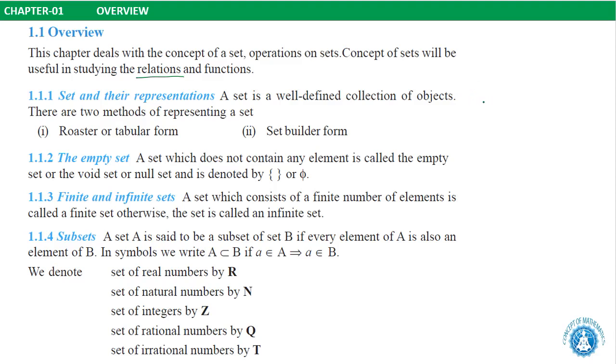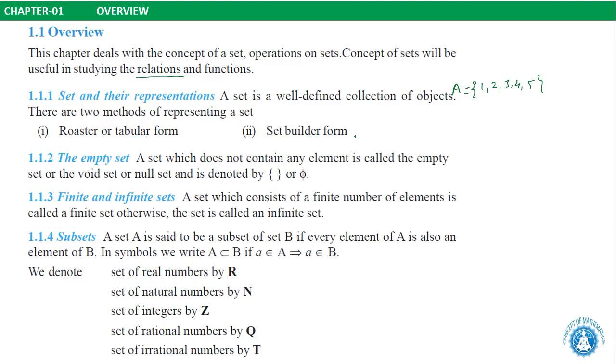Suppose I ask two persons to write natural numbers from 1 to 5, they will definitely write 1, 2, 3, 4 and 5. Okay, so this is a set.